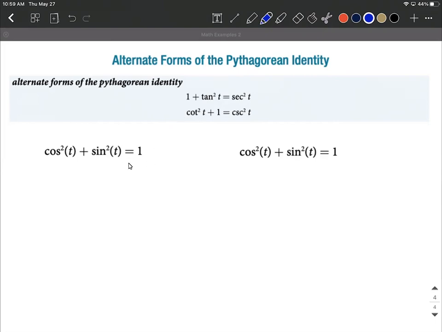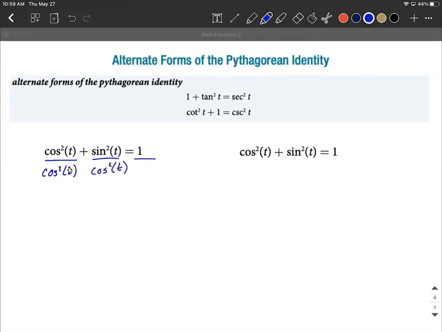What we're going to do is start with the cosine squared plus sine squared equals 1 definition. As long as we do the exact same thing to each one of these terms, that's a legal math move, basically. So if I divide each and every one by cosine squared of t, let's see what this turns out looking like.